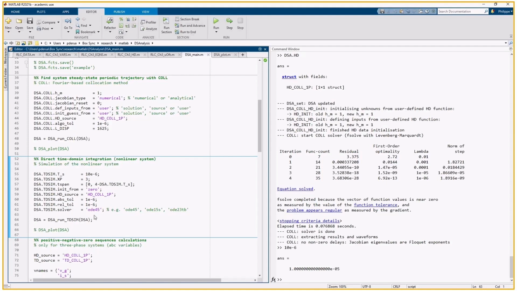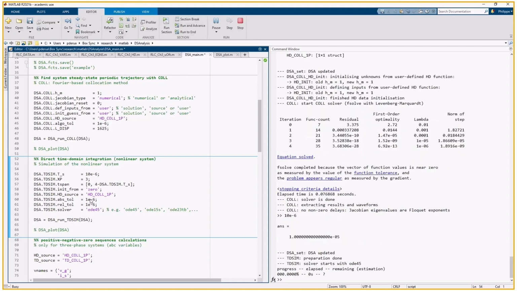As long as I am dealing with ordinary differential equations, I can use ODE45, ODE15S, ODE23TB, and so on. If I have any delays in the system that I'm solving, then this option is disregarded and TDE23 is used by default. I suggest we just try running this and see the results.